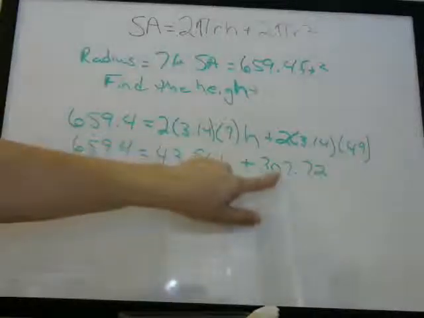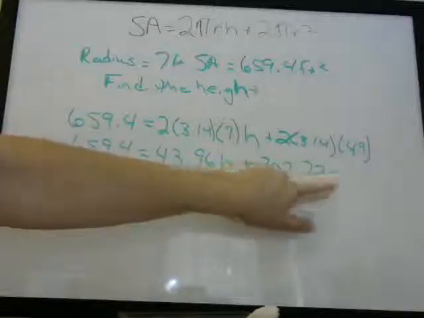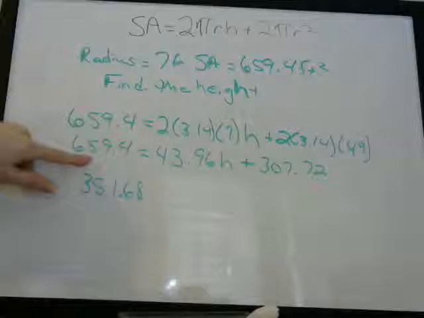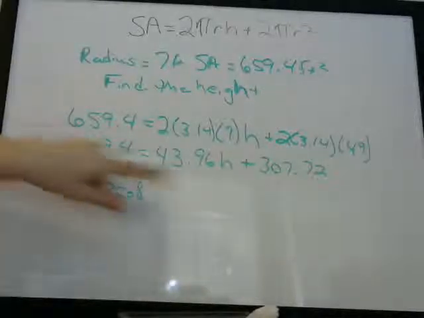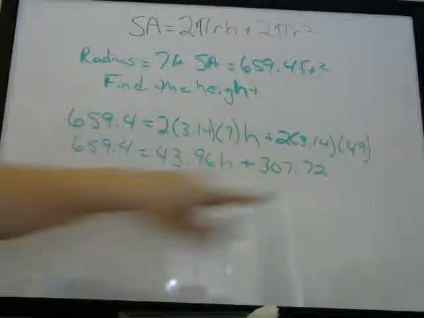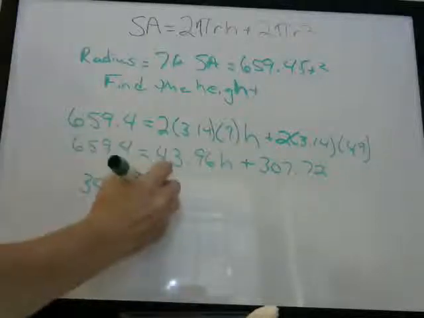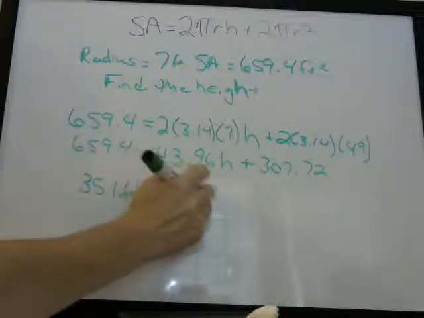To get rid of this 307, we subtract 307. If we subtract 307 on this side, we have to subtract it on this side. 659.4 minus 307.72 leaves us with 351.68. And then this just stays the same.